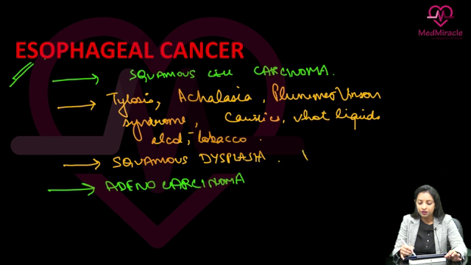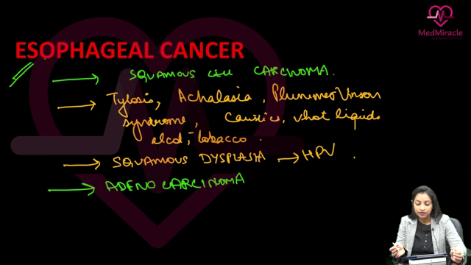So, HPV infection is another cause where there can be a squamous dysplasia and increased incidence of squamous cell carcinoma. So, you need to remember these, that is tylosis, achalasia, Plummer-Vinson syndrome, caustics, very hot liquids, alcohol and tobacco.